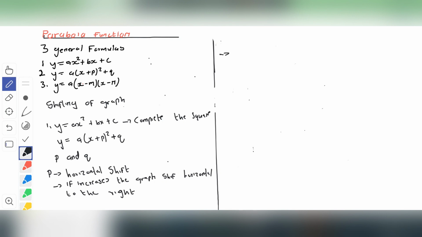And lastly, if P decreases, the graph shifts horizontally to the left.